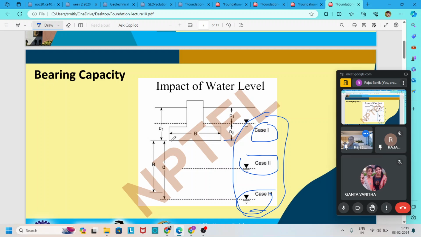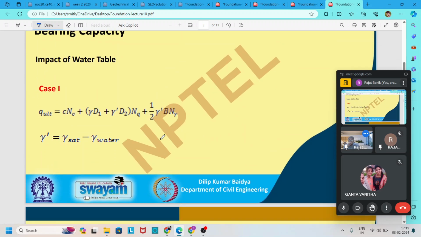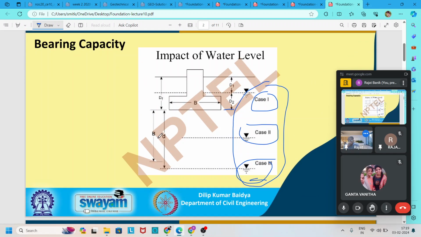In case one, the water table is situated below the ground surface and above the base of the foundation. For this, we divide the zone into D1 and D2. D1 has no water table, and D2 has the water table.